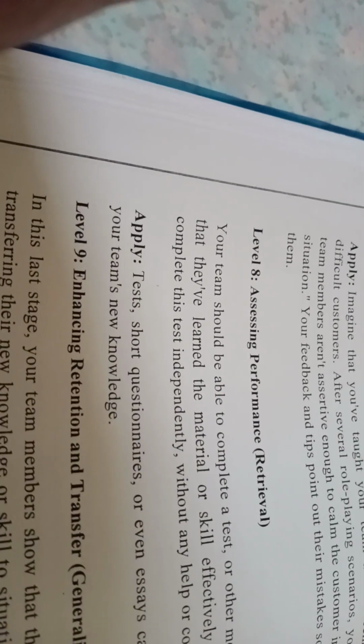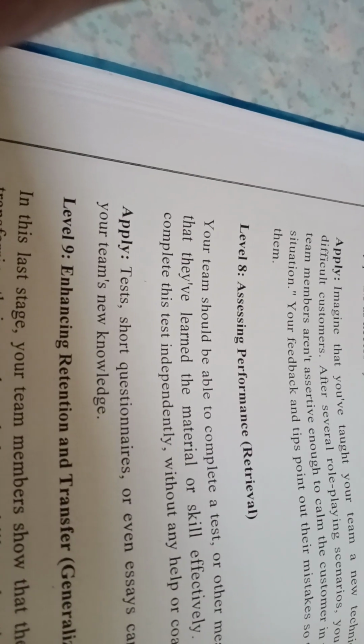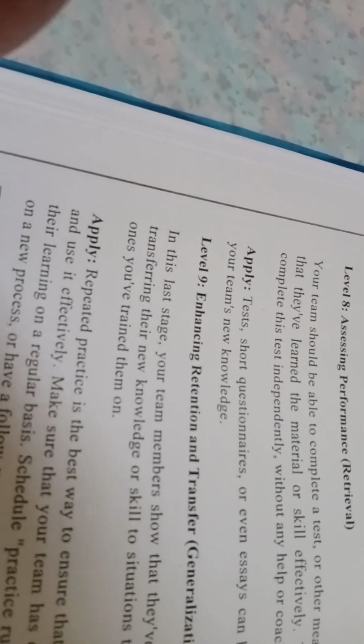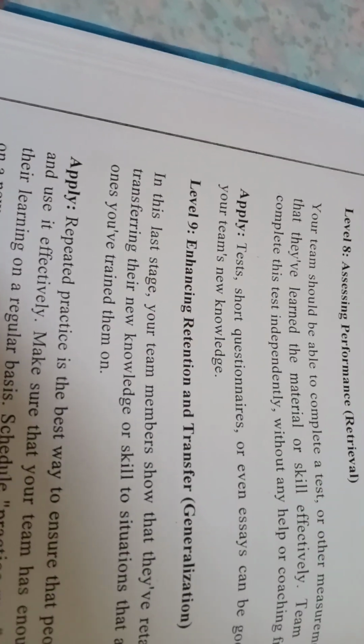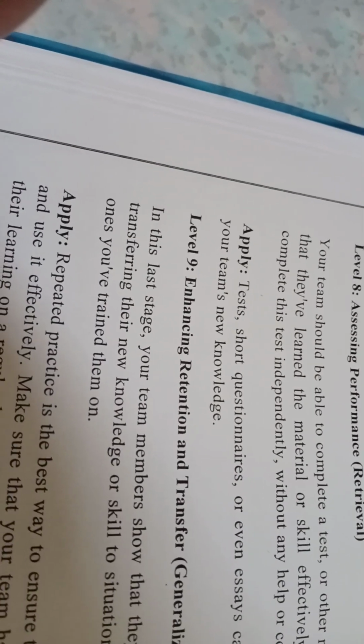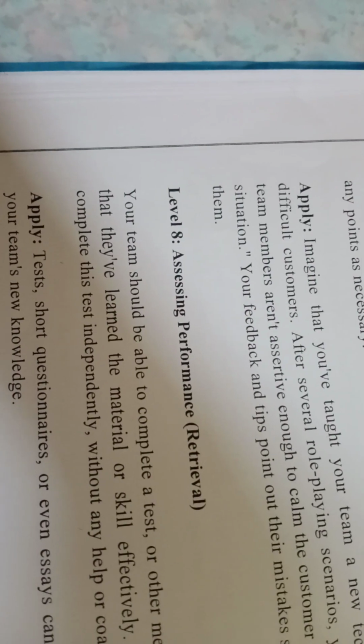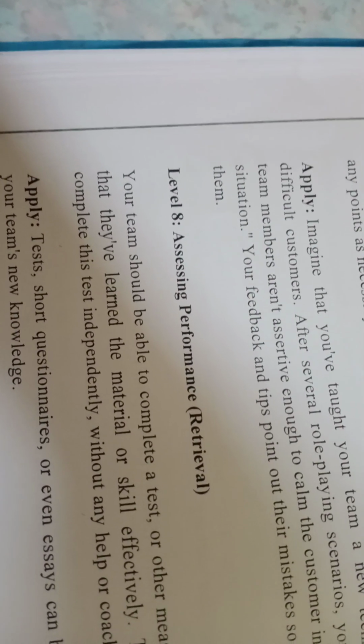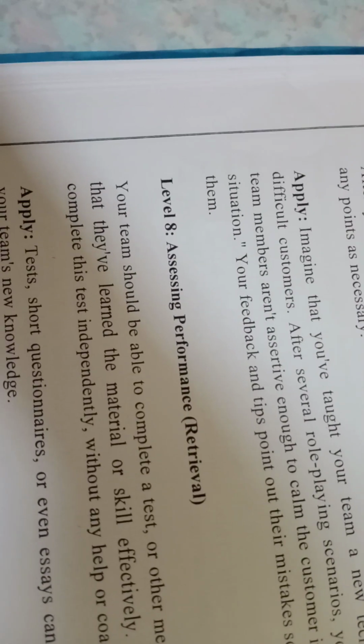Level 9, enhancing retention and transfer. In this last stage, your team members show that they have retained information by transferring their new knowledge or skill to situations that are different from the ones you have trained them on. Apply: repeated practice is the best way to ensure that people retain information and use it effectively.